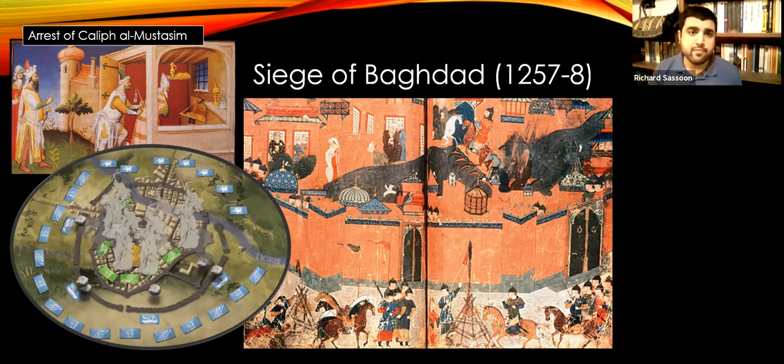Hülegü reached out to Caliph al-Mustasim to request his surrender to the Mongol Empire, and Caliph al-Mustasim made the choice of resisting. And so in order to collect intelligence, Hülegü Khan sent a small emissary group to the edge of the city.